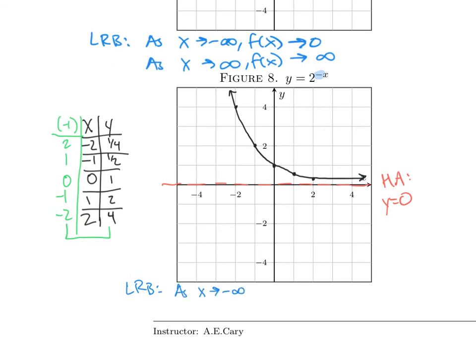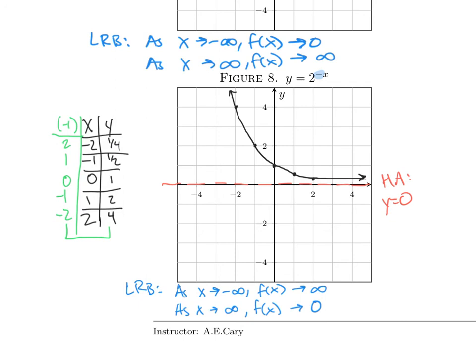So as x goes to negative infinity, f of x goes to positive infinity, because we can see that as our x values are going more negative, our y values are going up. And as x goes to positive infinity, f of x goes to 0. Because now as our x values are growing larger, our y values are getting really close to that asymptote, but not quite reaching it.